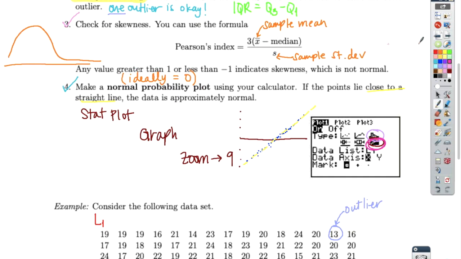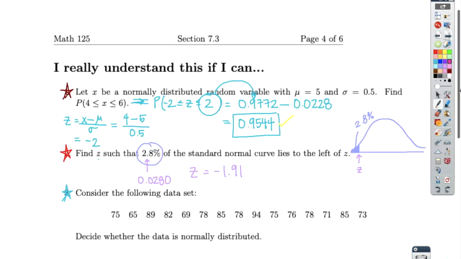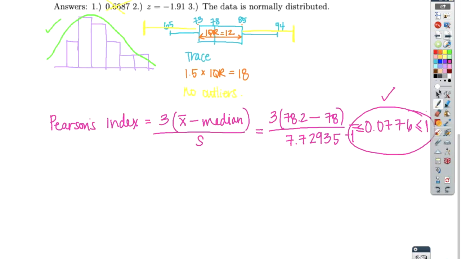Zoom stat, so zoom and then 9. And when I look at that, I've got something that looks like that, sketching this very loosely here. What's really important is that it generally looks like a line.